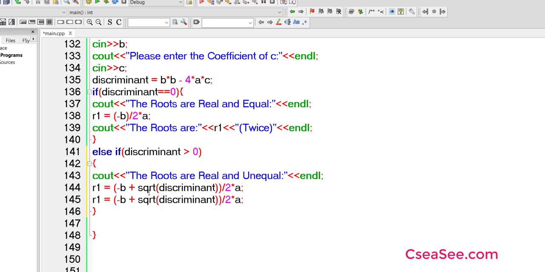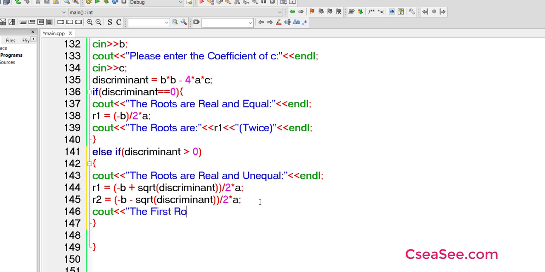Now probably what you can do is simply copy this and paste it, change R1 to R2 and positive to negative, right? So it's going to be negative B plus or minus. This would handle the 2 roots. So we can give the roots.